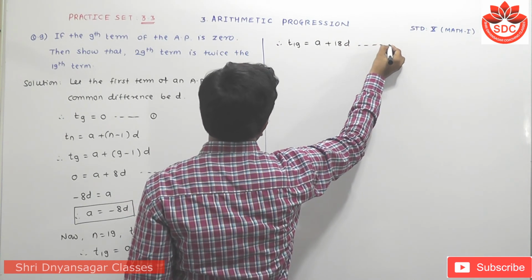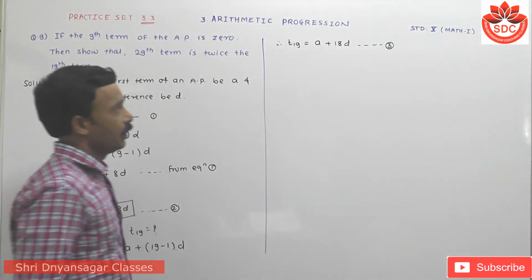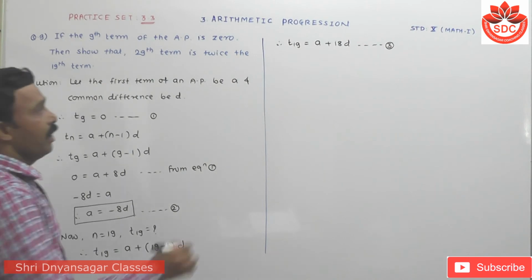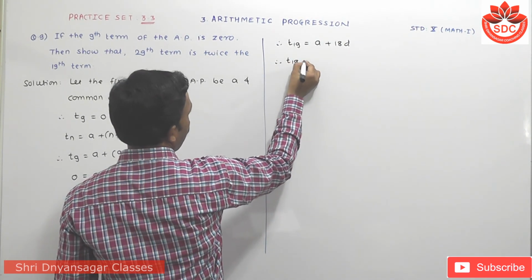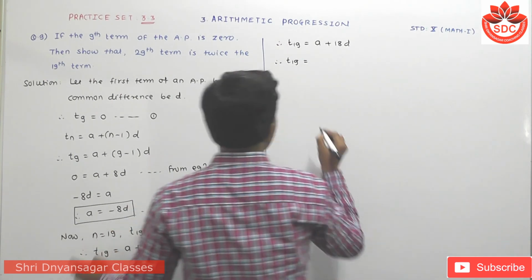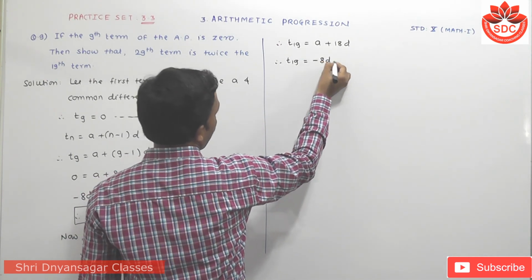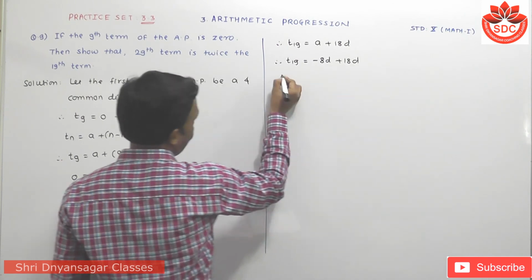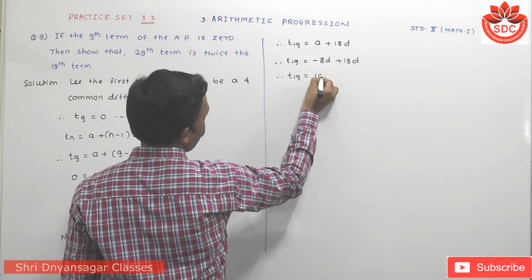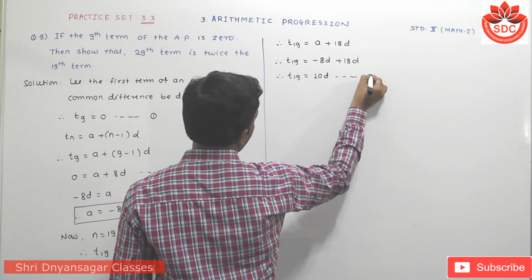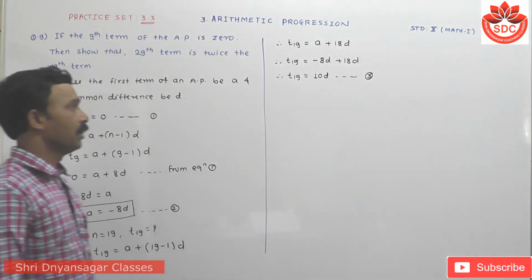Suppose that this is equation number 3. Student, I have to substitute the value of A again. A is minus 8D, so minus 8D plus 18D. Therefore T19 is equal to 10D.